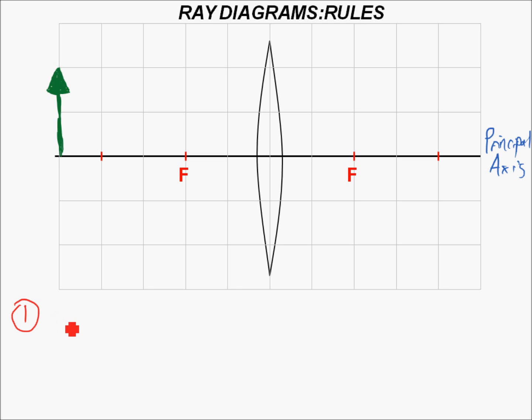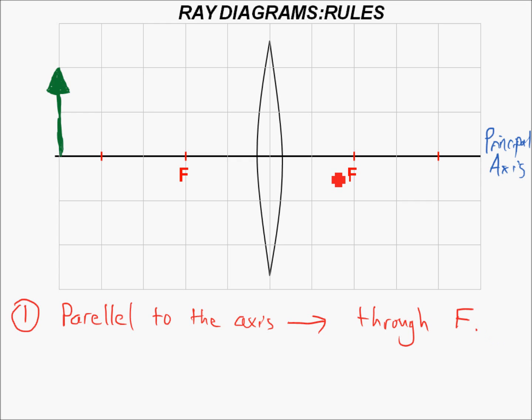So rule number one is that if you've got a ray that's parallel to the axis on the way in, then it goes through the focal point on the other side.